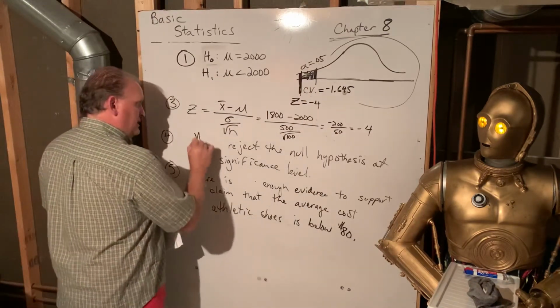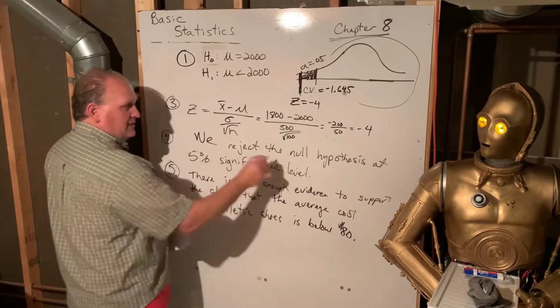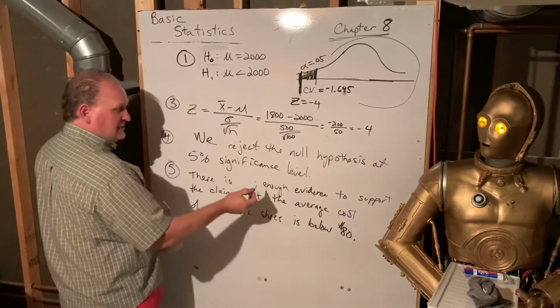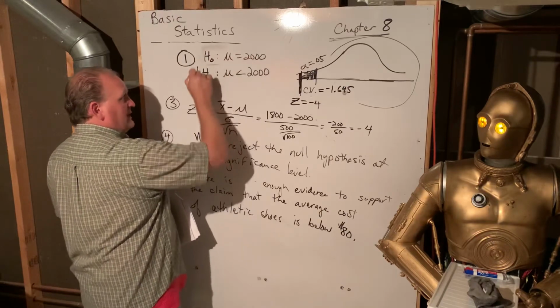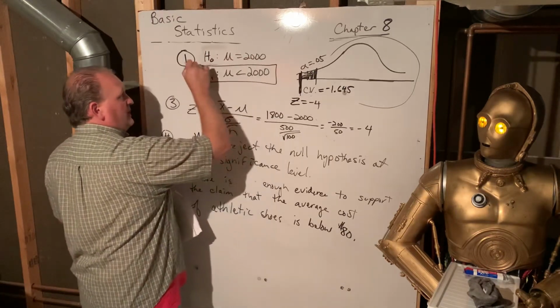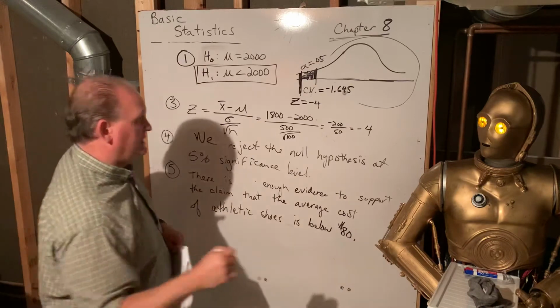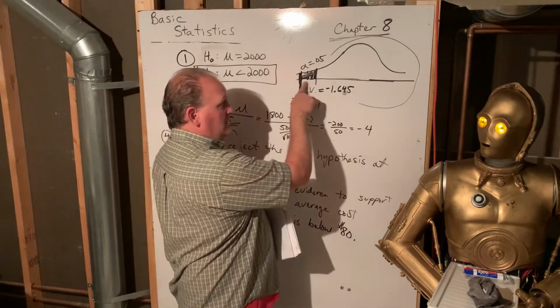So we reject the null hypothesis at the 5% significance level. So we are rejecting that it's equal to 2,000. In fact, based on this data, it is well within the shaded area.